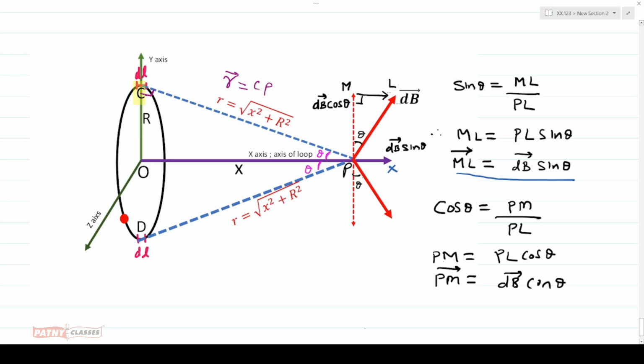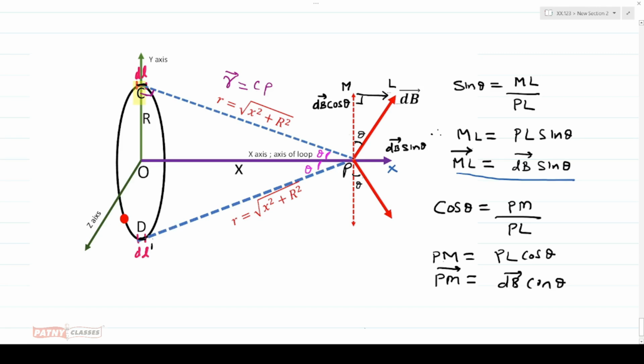This circular coil is symmetrical about its axis, and dl is the current element at the point C and dl dash is the current element at the point D. These two current elements are equal and opposite to each other. Both elements will have the same value of horizontal component, but the perpendicular components are not in the same direction.